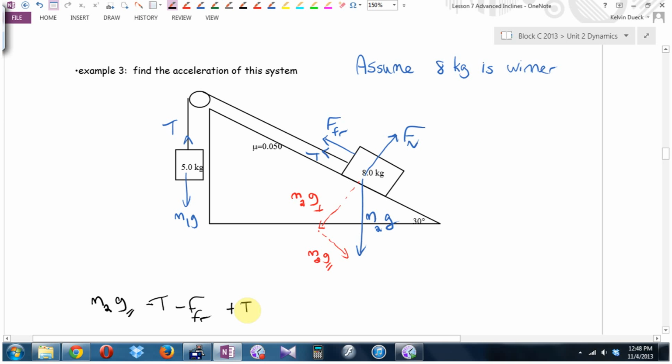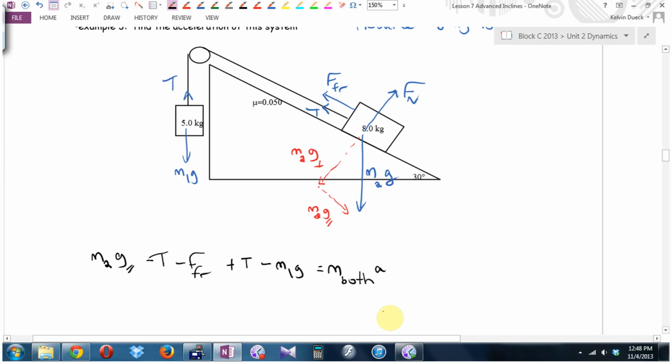Oh, and then I run into M1G, which when I follow it ends up pointing up the hill. So M1G, loser. And that equals the mass of both times A. You probably relax, Cliff, and lose some tension. Yes?